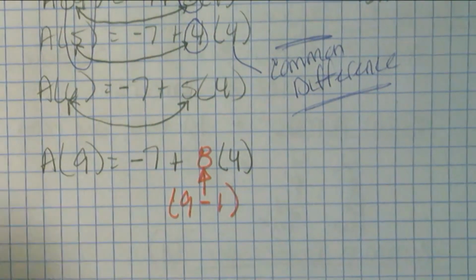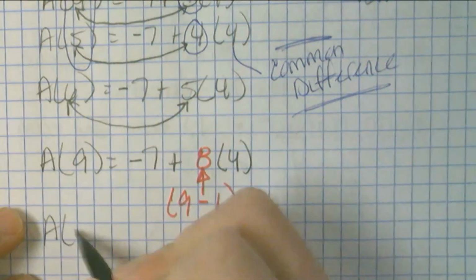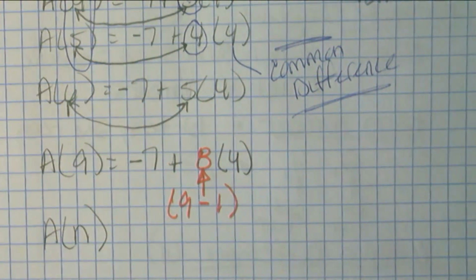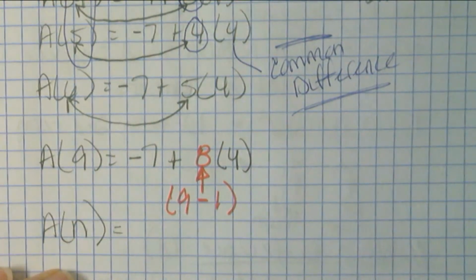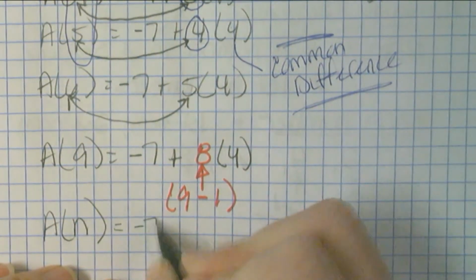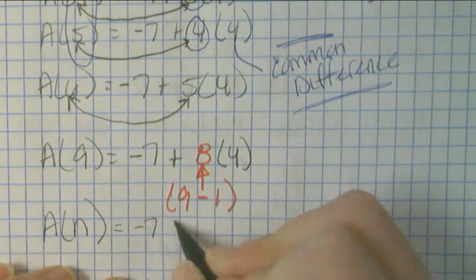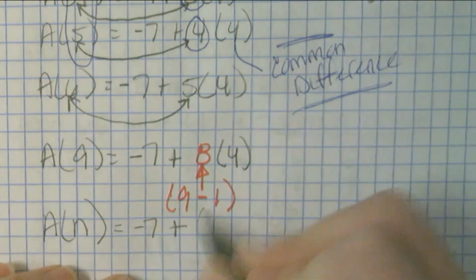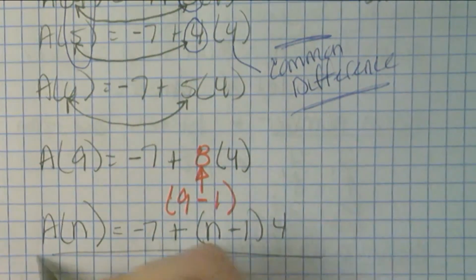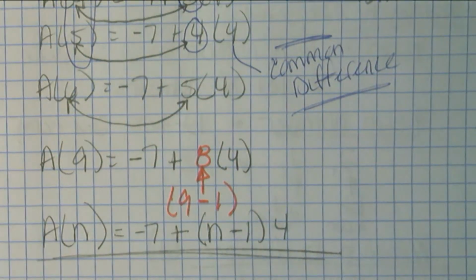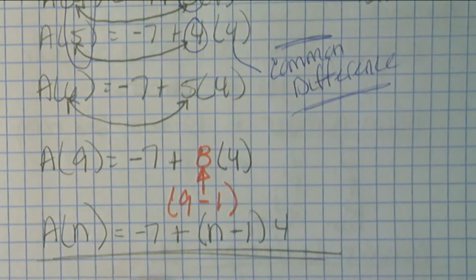So let's come up with a formula. So let's say it's any term. So let's use n for our term number. Well, I'm going to start with that negative 7, and I'm going to add to it, well, n minus 1 times 4. There is my sequence for this.